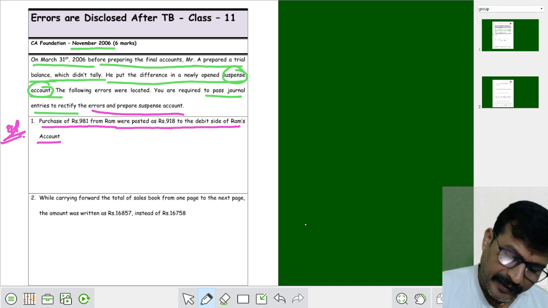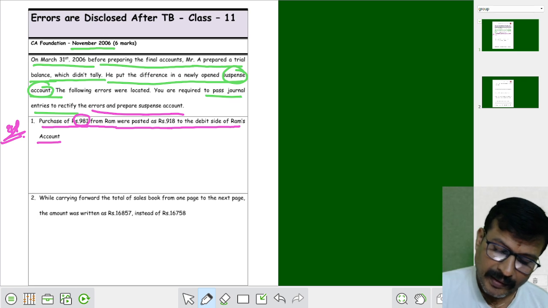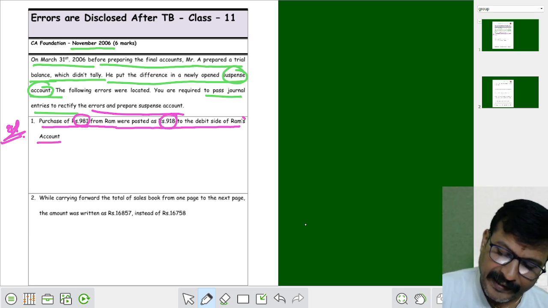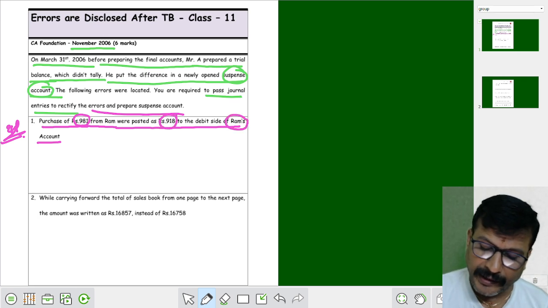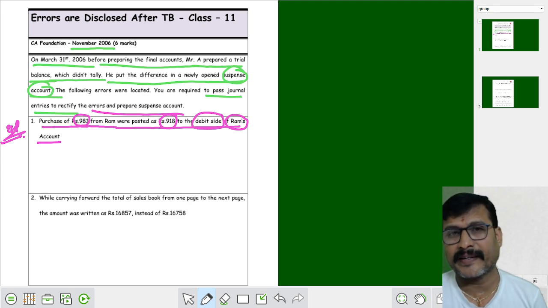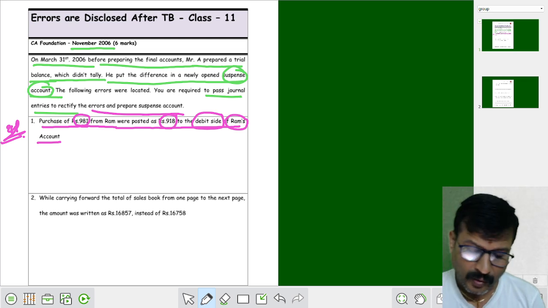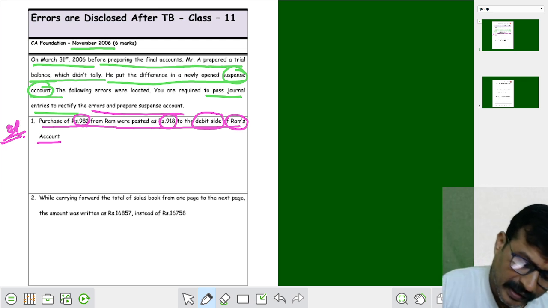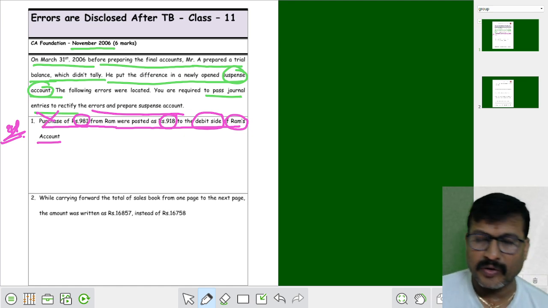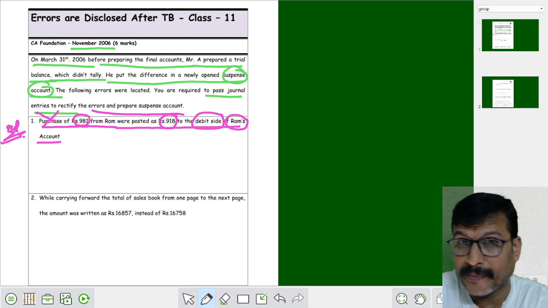Purchase of 981 from Ram, posted as 918 in Ram's account, to the debit side. Now, where is the mistake committed? The mistake is committed in the account of Ram, not in the account of purchases. I hope you got it.